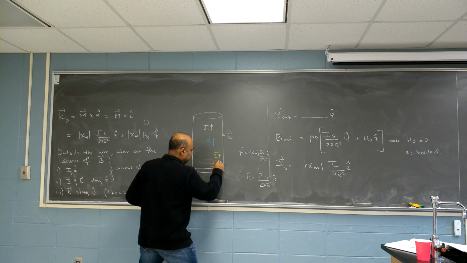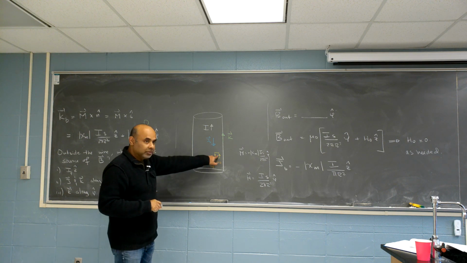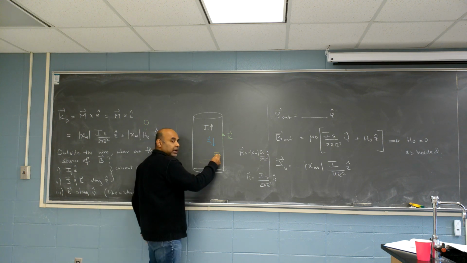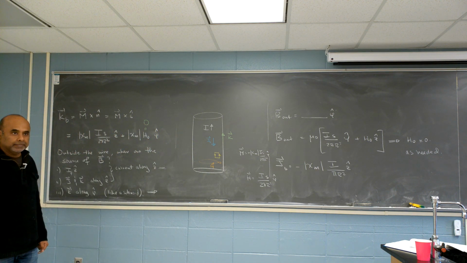Over here, it would be just pointing out of the board. That is that picture over there. See, if M is pointing out of the board, the current loop is this way. This completes the diagram in the problem.